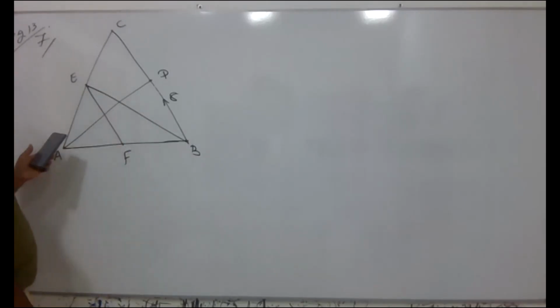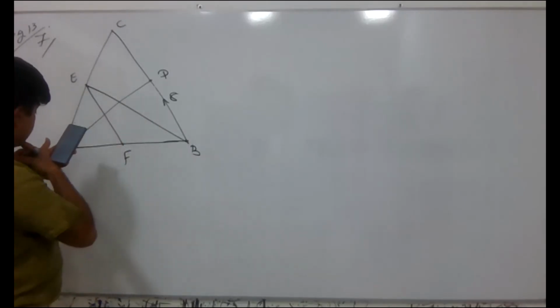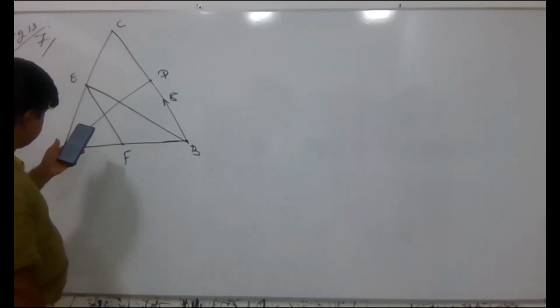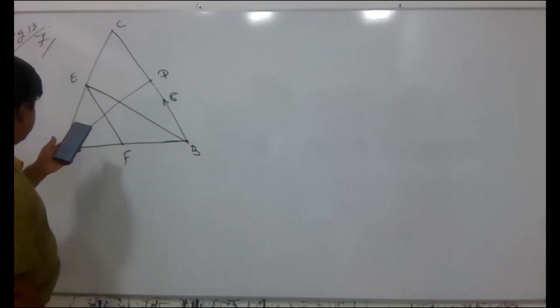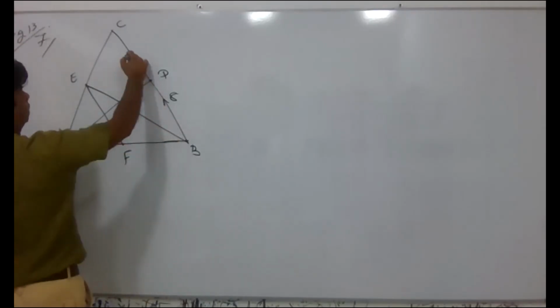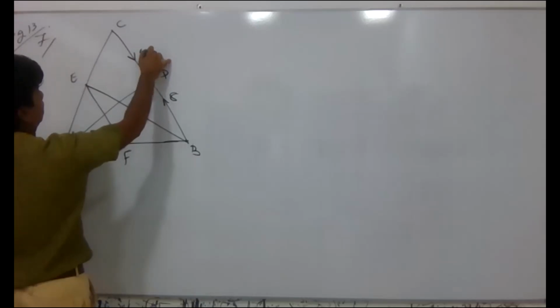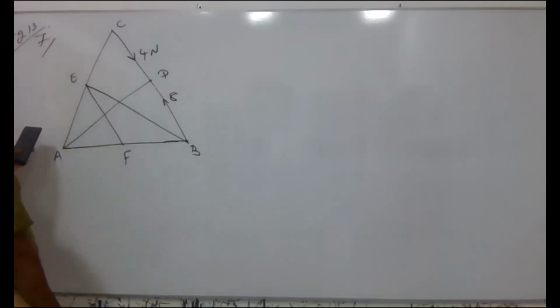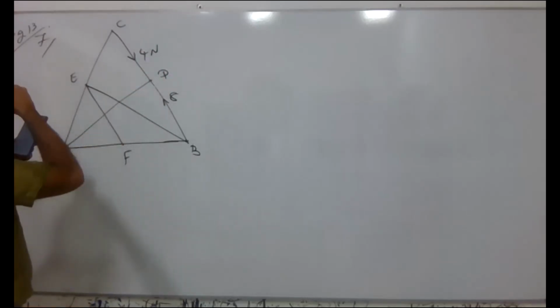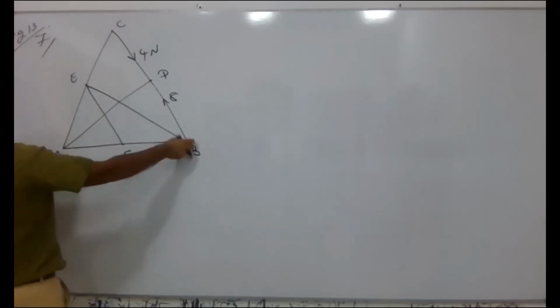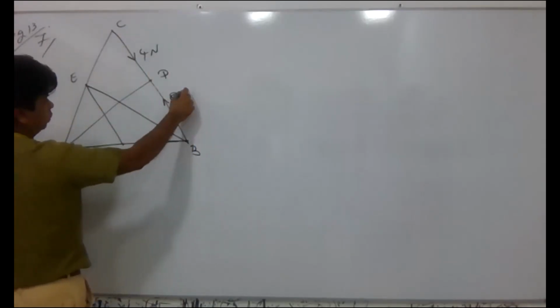Clear? Then 8 newtons this way, and along CD another 4 newtons. Actually, we could have given BC as 4 newtons, that would also be better.